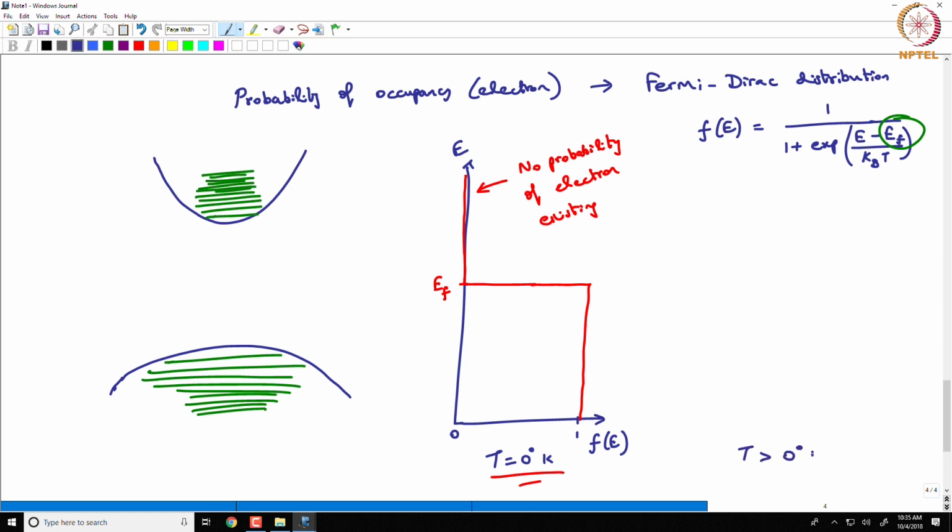But if you consider T greater than 0 degree Kelvin, you draw the same expression and this expression now comes into effect. Now, you say this is still your EF. So, this is going from 0 to 1, we are looking at f of E, and this is about 0.5, so that is about this point.